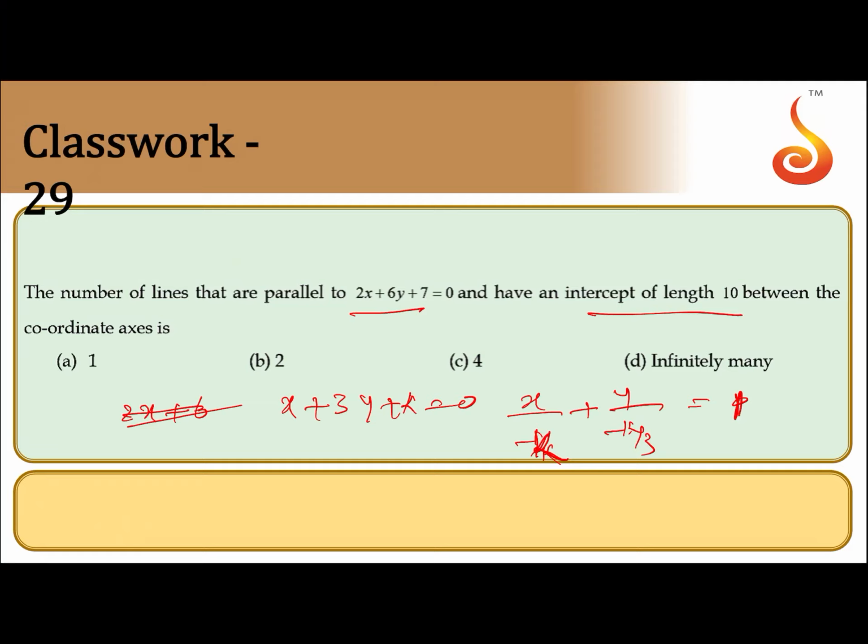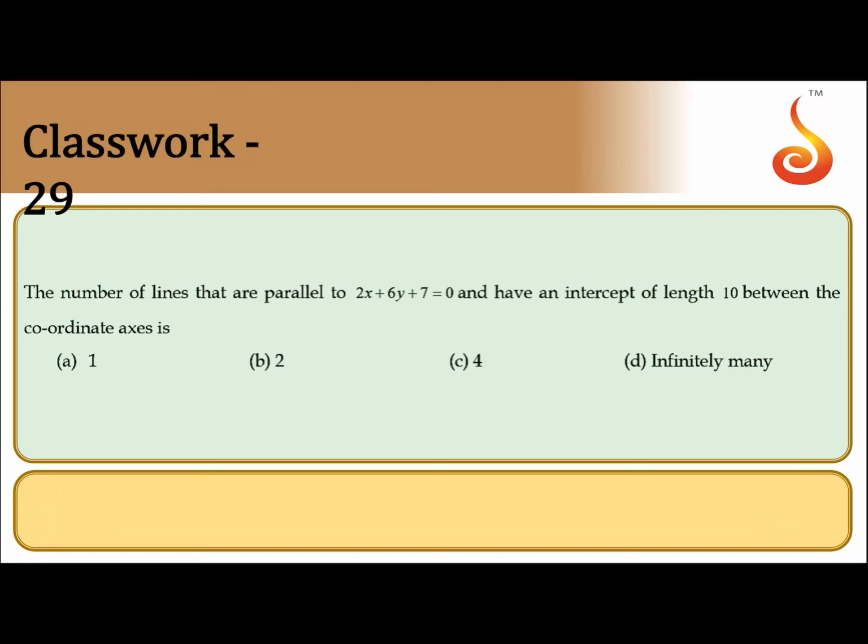So the length of the intercept between the axes, this is the x-intercept, this is the y-intercept, is nothing but root of k square plus k square by 9, and that must equal 10. By squaring, you get a quadratic equation. Therefore, you'll be getting 2 values of k. So I hope there will be 2 lines whose length is equal to 10. So the answer is 2.